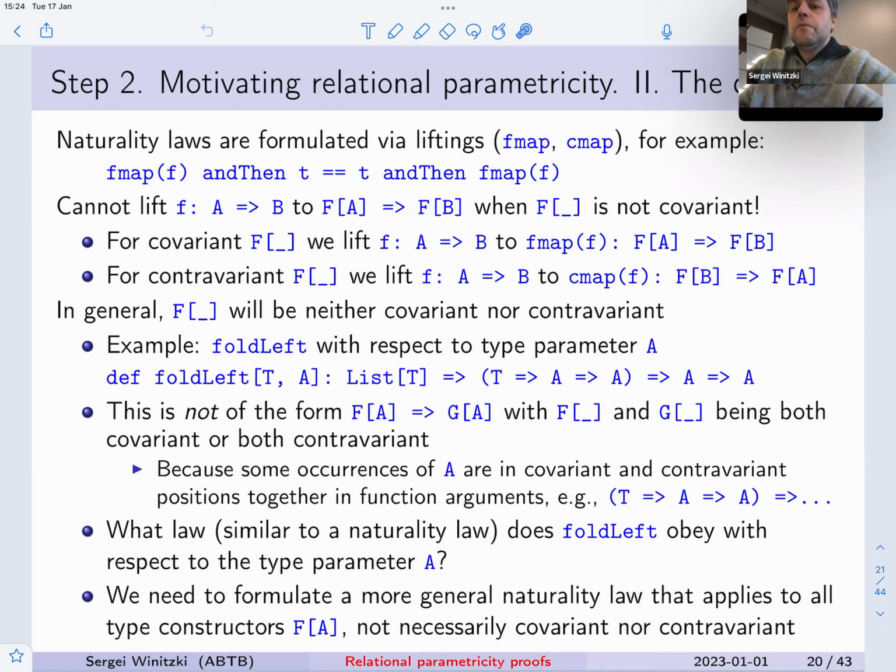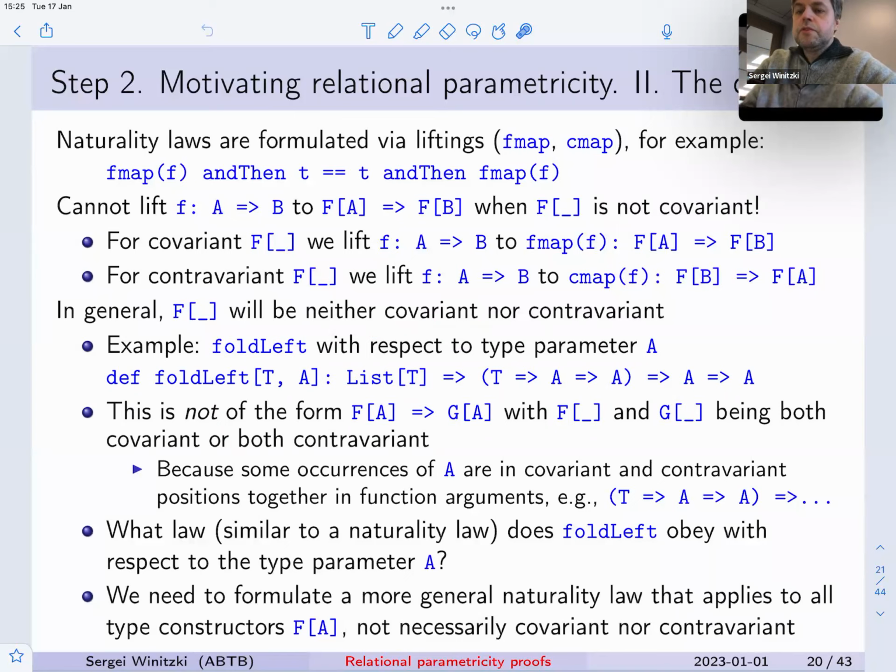But in general, when you take some code, you need to look at some parts of that code. The type of those parts is going to be neither covariant nor contravariant. Also there are some function type signatures that are neither covariant nor contravariant. Like, for example, the foldLeft function. Let's formulate this type signature.